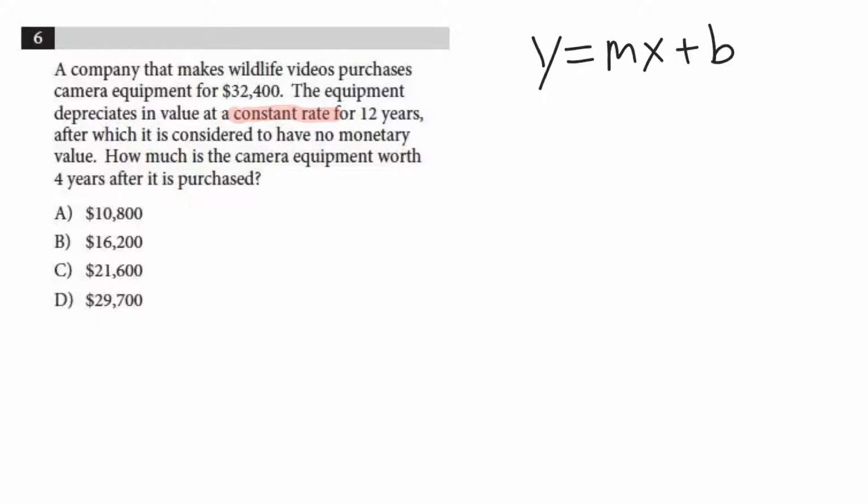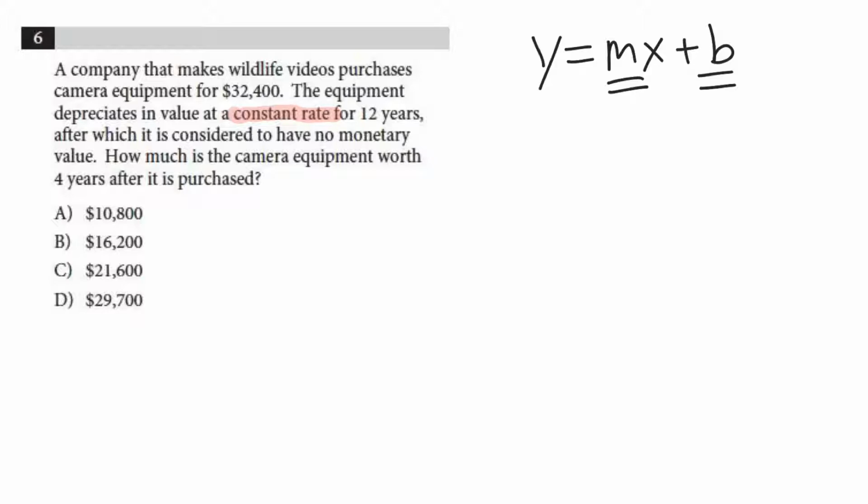Okay. M is the rate of change, and b is the starting value. In this case, the rate of change is unknown, but we know that after 12 years it's going to be 0.